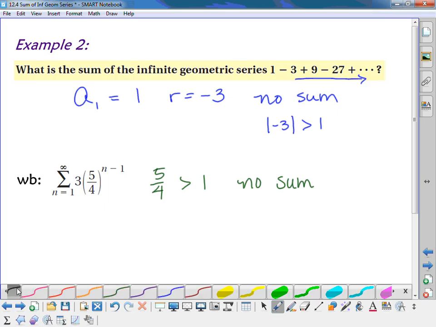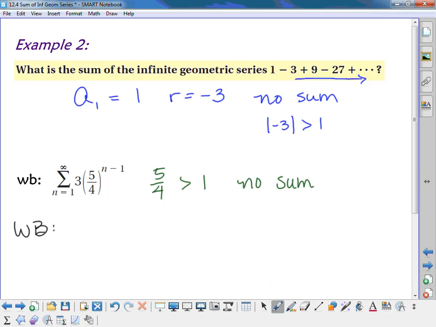All right, I'm going to give you guys another one. Let's do 3 plus 3/4 plus 3/16 plus 3/64. Go ahead and find the sum of that one.